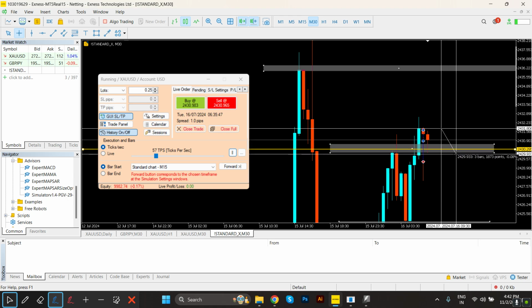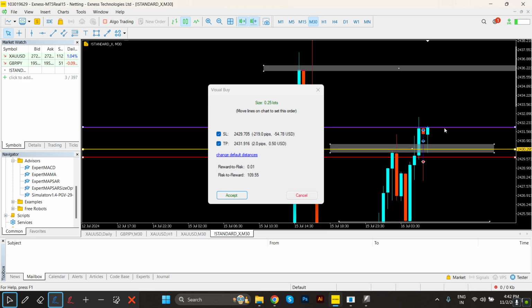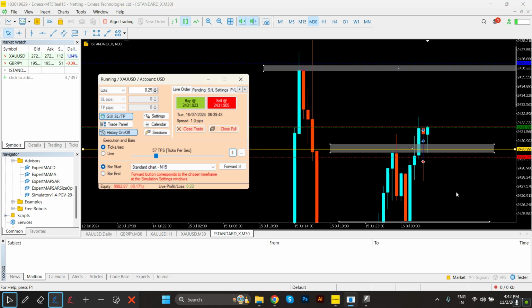Once this high breaks, we're good to go up and test this area to the left-hand side. And here, I'll take a buy, another second entry, and anticipate price to move further up.